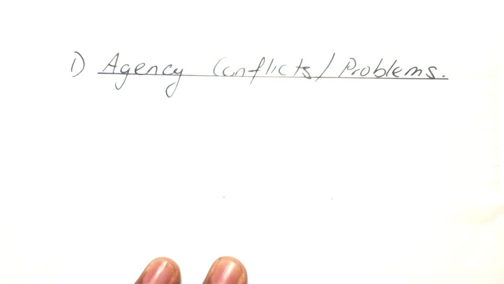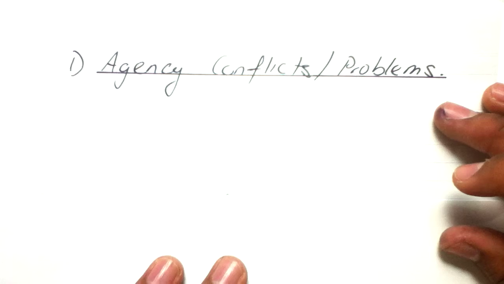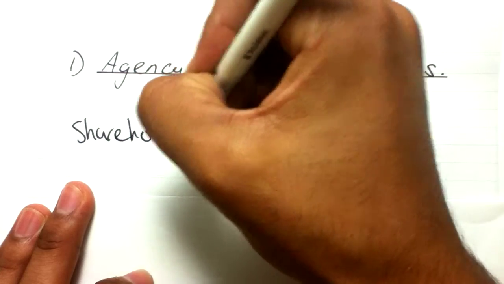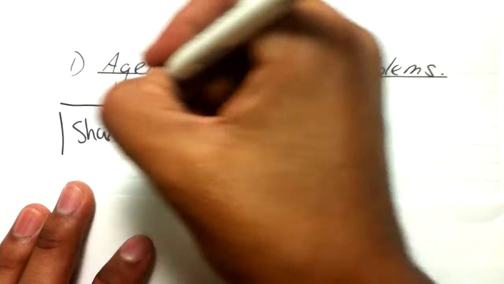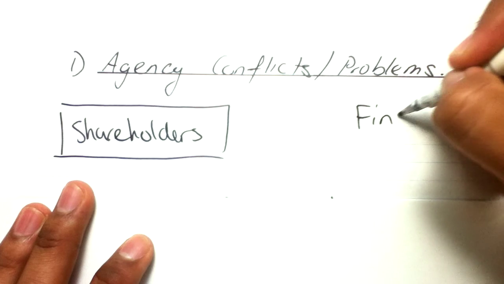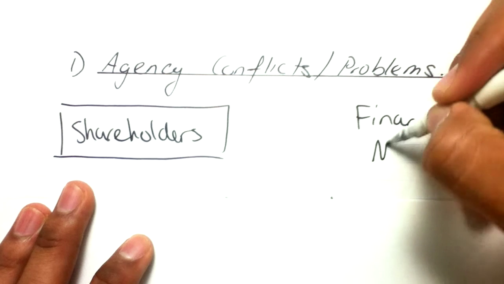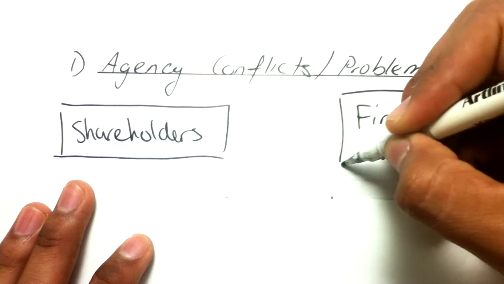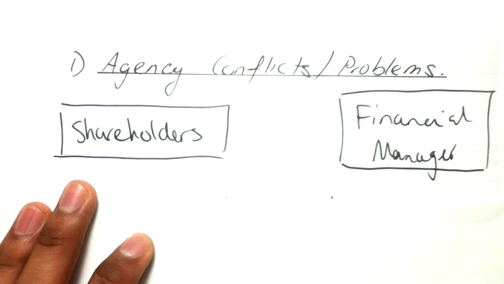So let's try and explain this. Let's say we have two parties. We're going to have the shareholders here, and we also have the financial manager here. Okay, we've got two parties here, the financial manager and the shareholders.